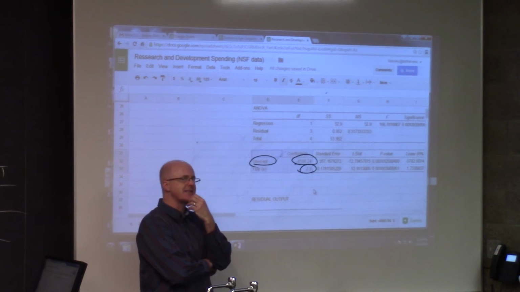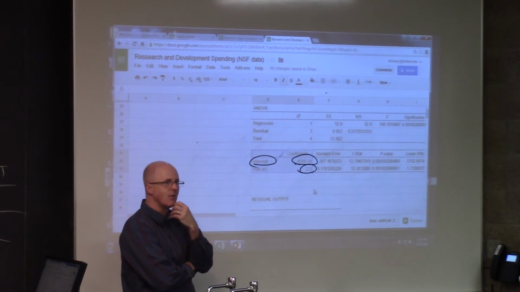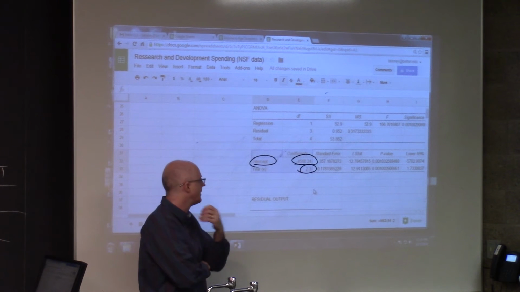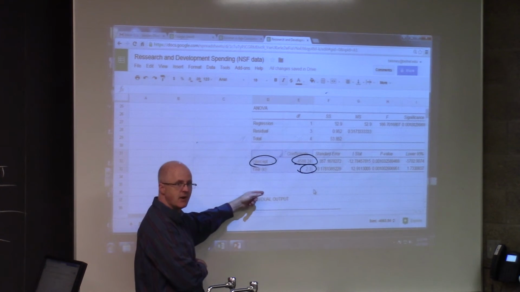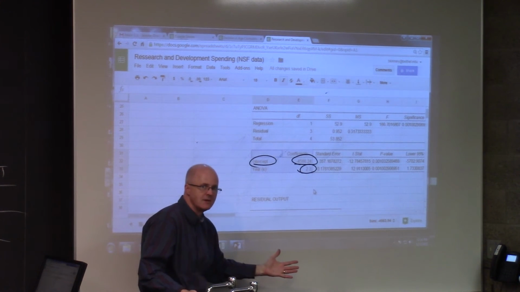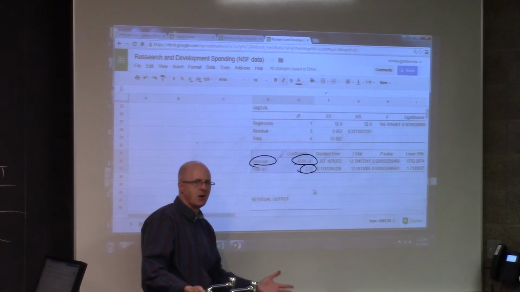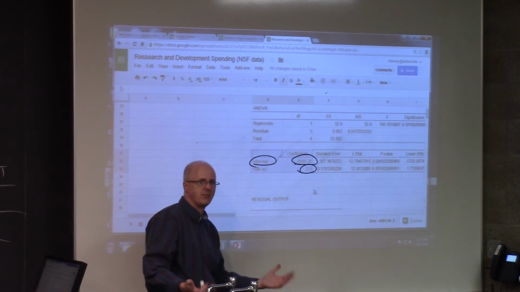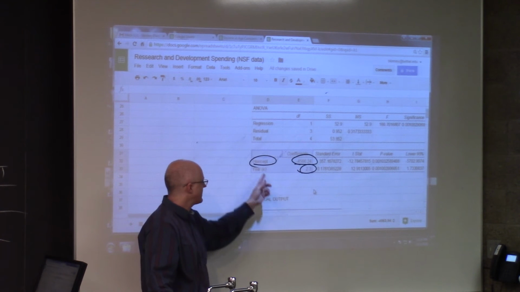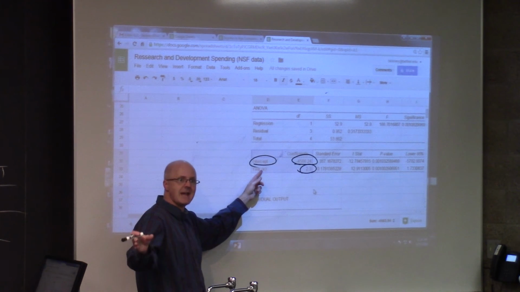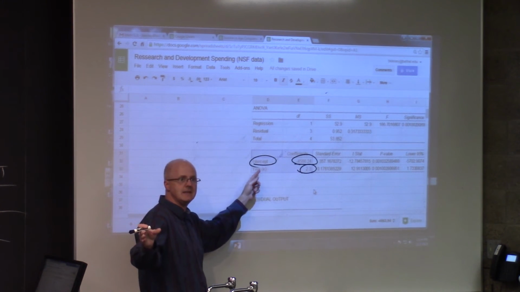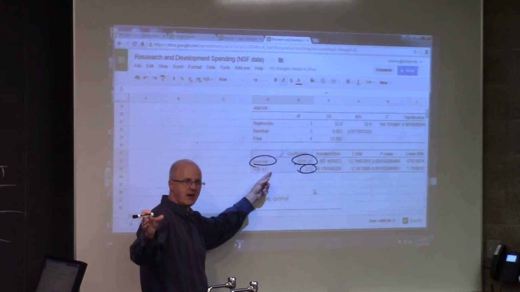The reason is because if we were doing multiple regression with more than one explanatory variable, we'd have a bunch of different explanatory variables here, and they'd each have their own slope. So instead of calling them slope 1, slope 2, slope 3, slope 4, it's better to label it with the variable name that the slope is next to. The year, x, is the variable name that the slope is next to. So that is the slope.